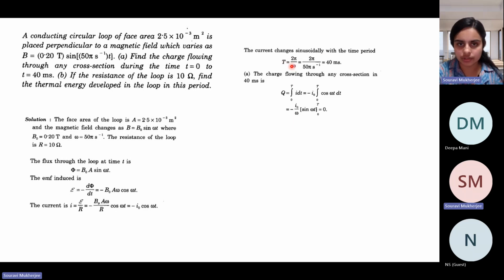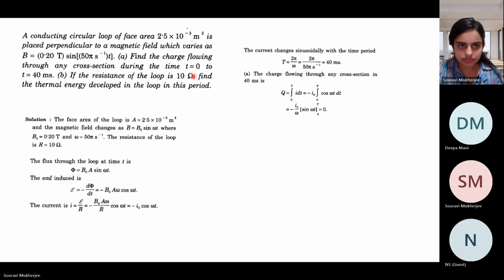So this comes from finding the time period. So now the charge flowing through any cross section in 40 milliseconds, if you have to find, what do you do? It's the integration of I dt, right? Because I is equal to dq by dt. So if you do that, you see that q is actually equal to 0, right? Because you are doing an integration over one time period.